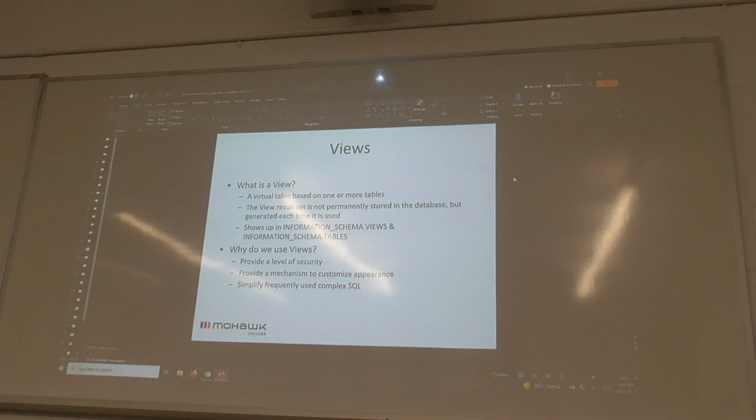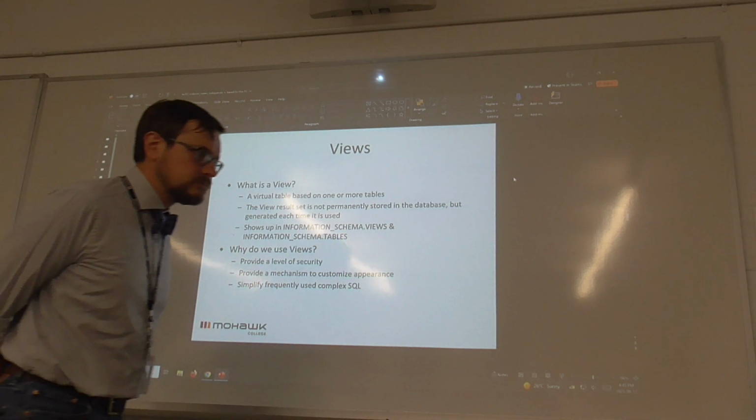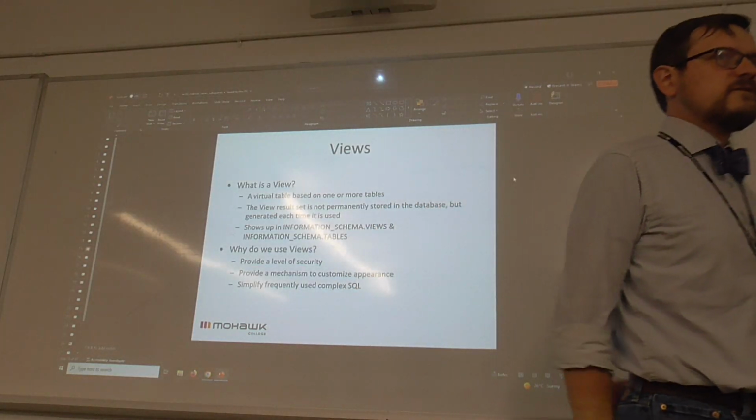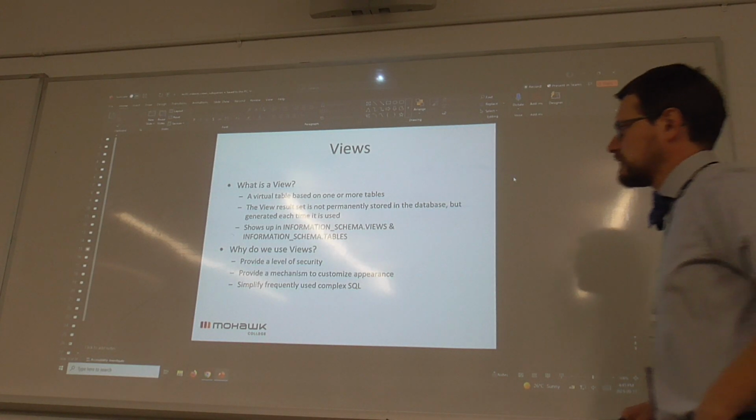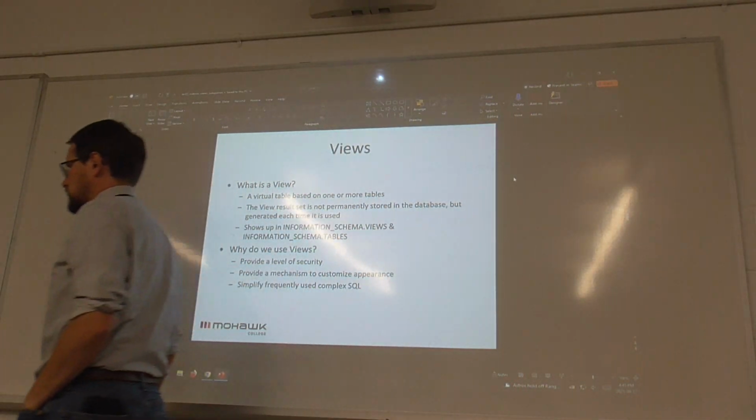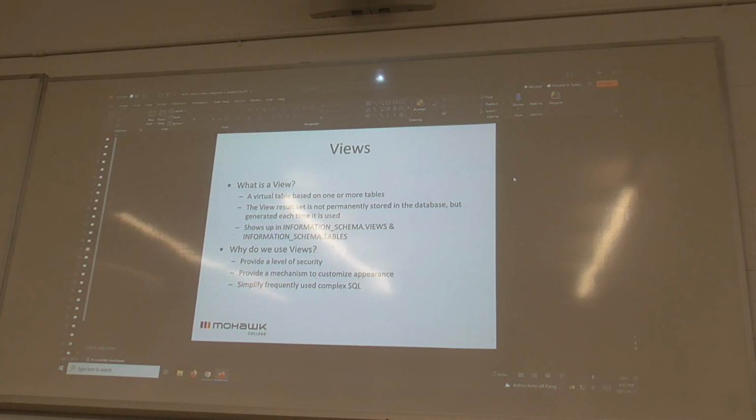So, views. What is a view? View is our second of 3 topics today. So, a view is a virtual table which is composed of one or more other tables. A view is a result set not permanently stored in the database, but regenerated each time you request the view.